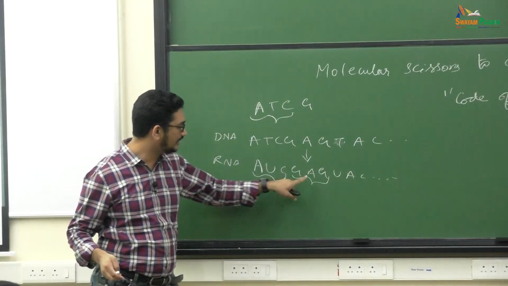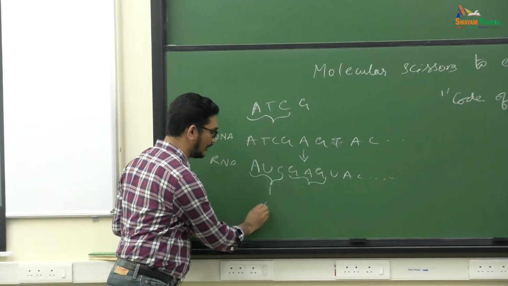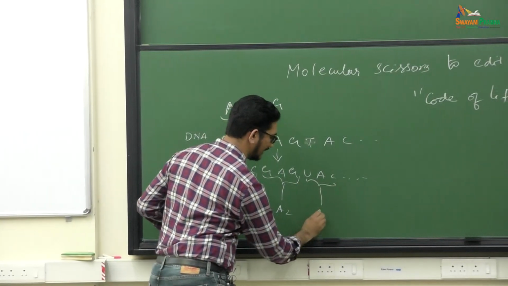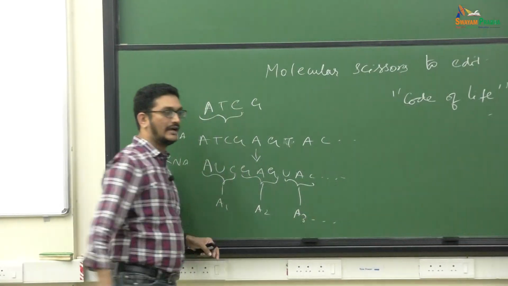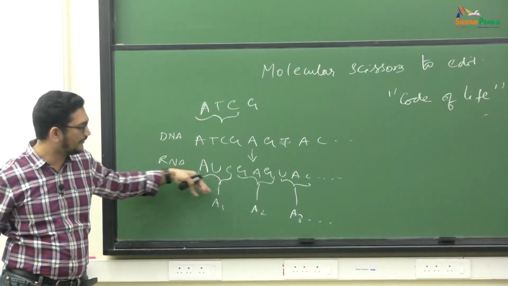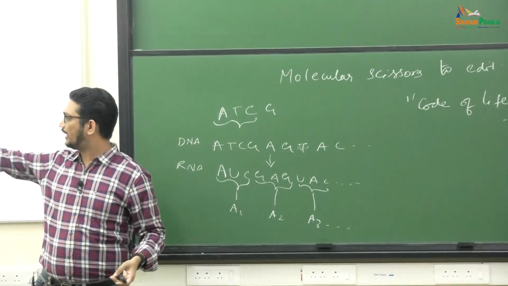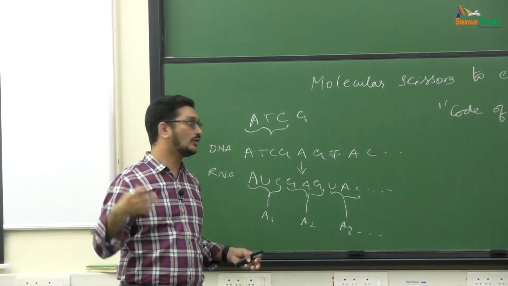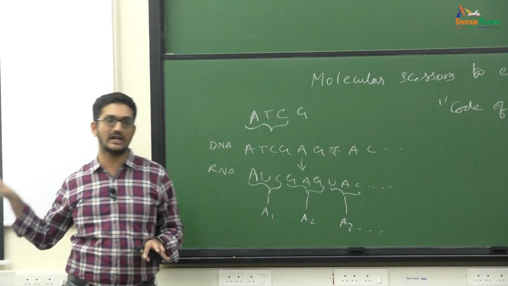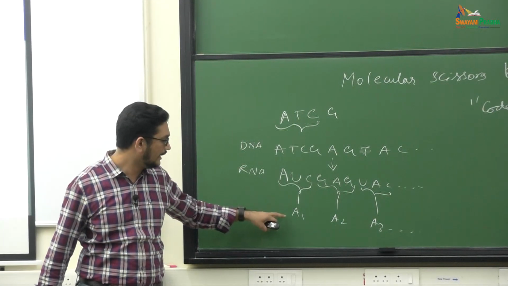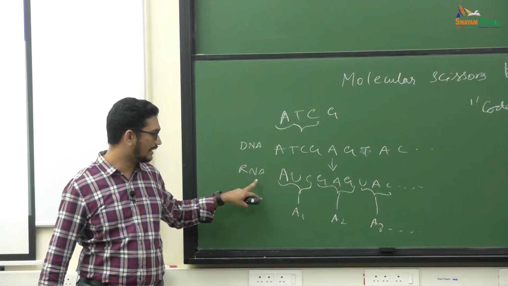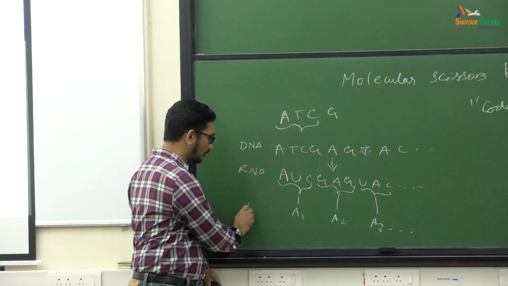So individually these will start coding for amino acid 1, amino acid 2, amino acid 3, something like that. Once you have a chain of amino acids, that will fold and form what is called a protein. We'll talk about proteins more in my next lecture, but today we will stick to understanding the DNA. So you have your DNA, DNA is transcribed into RNA, RNA is translated into protein.